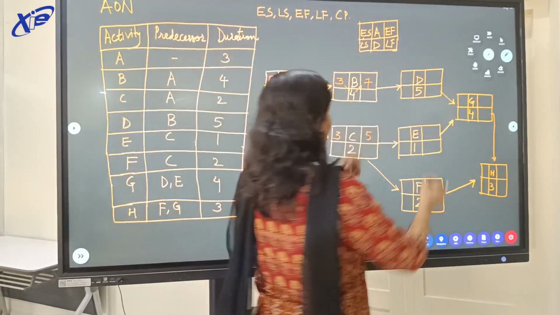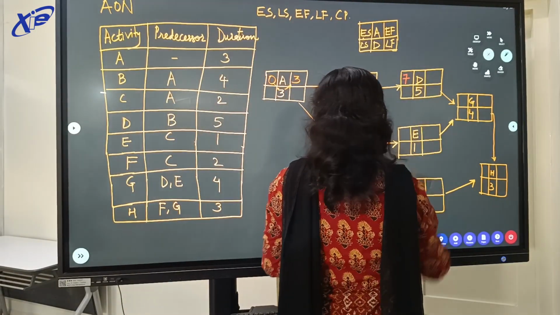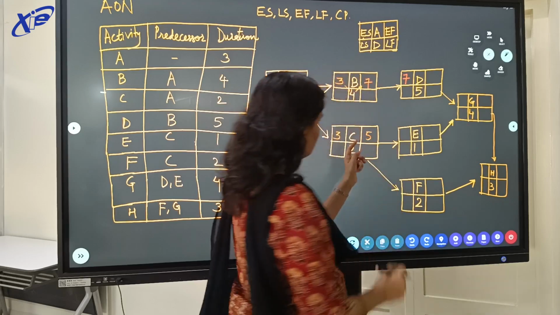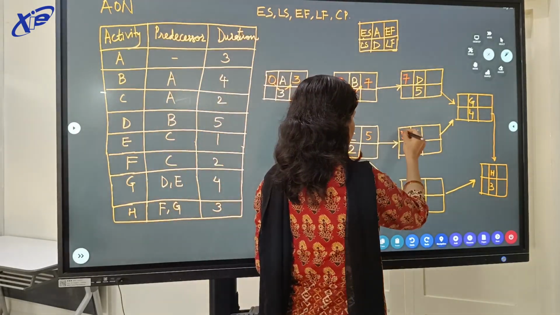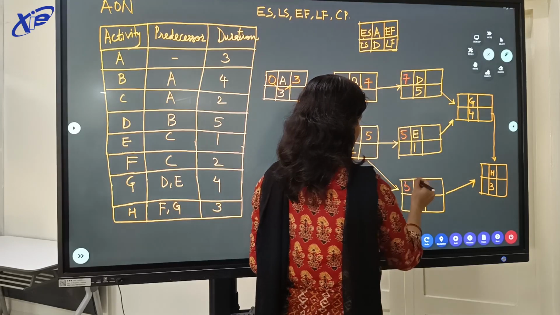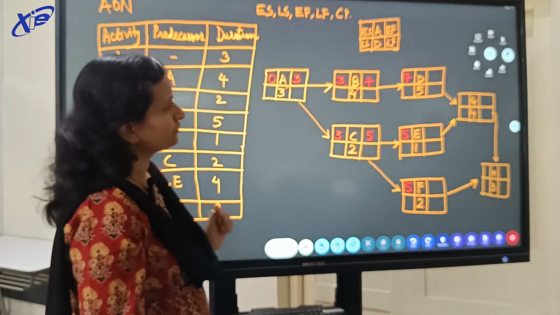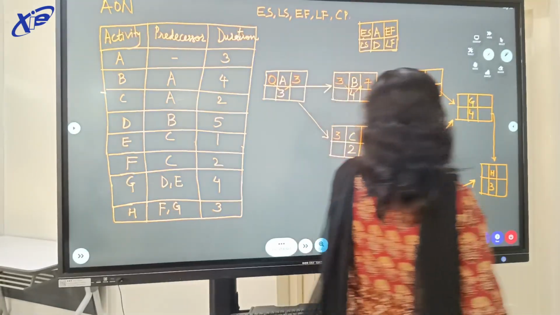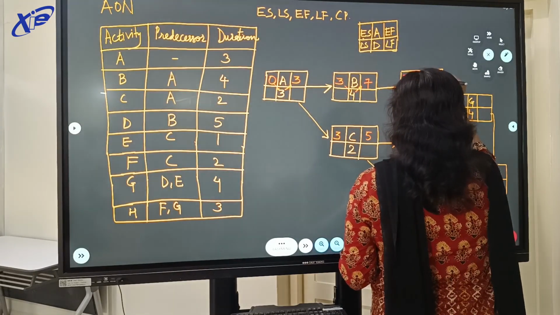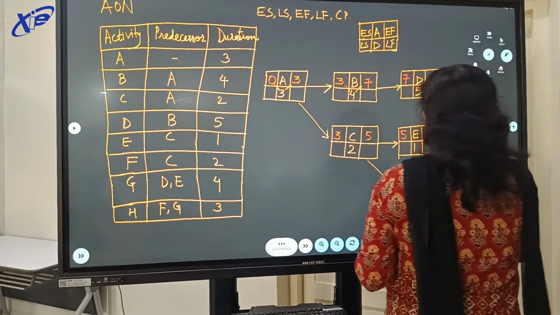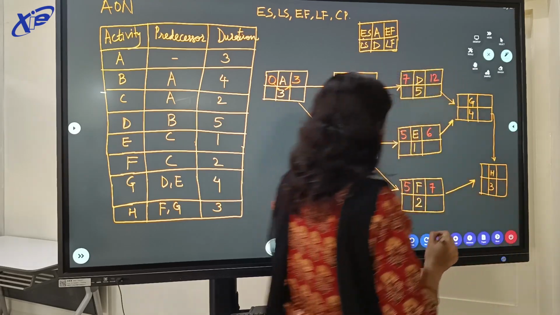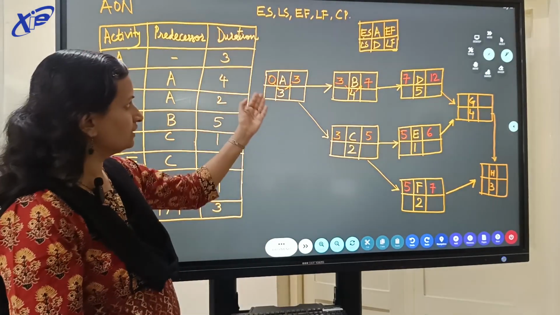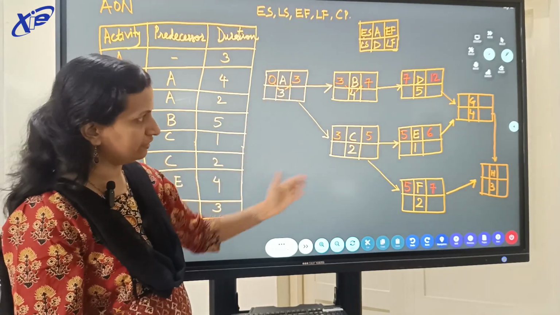Now we take 7 again over here for D, and 5 will go to activities E and F. Now 7 plus 5, 5 plus 1, 5 plus 2. So we have the respective values for activities A, B, D, C, E and F.